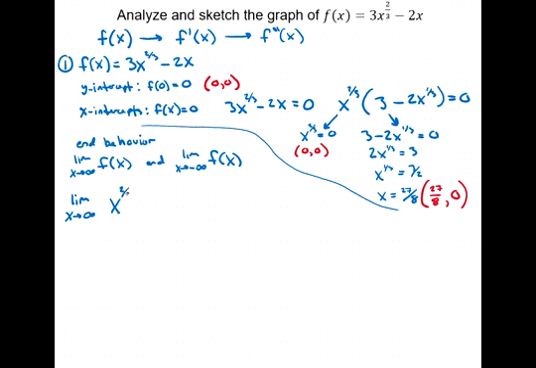x to the 2/3 times 3 minus 2x to the 1/3. So as x goes to infinity, x to the 2/3 goes to infinity.